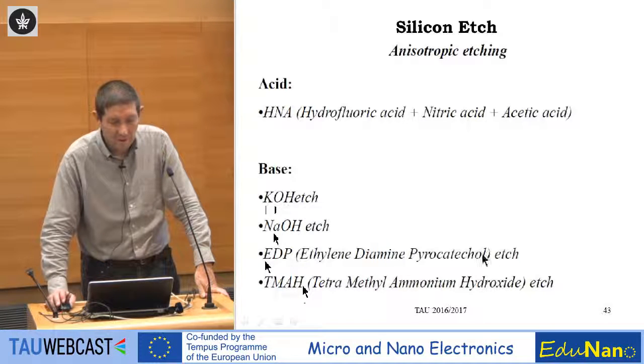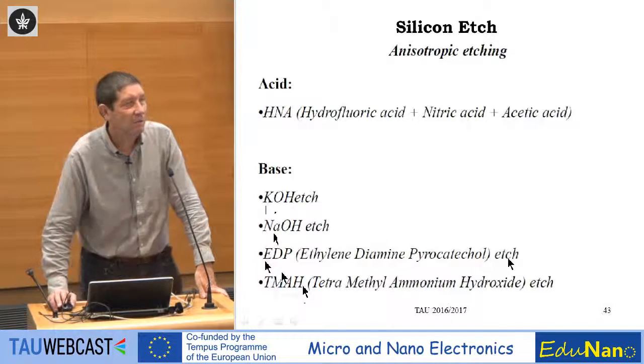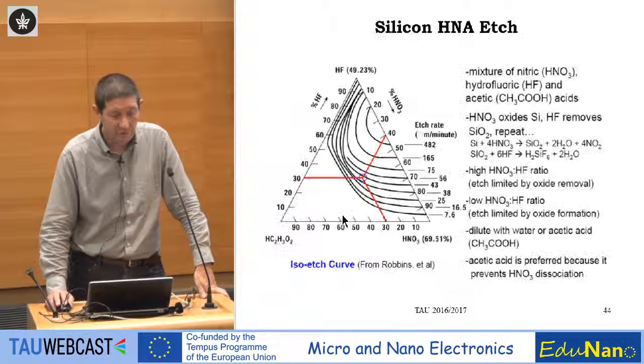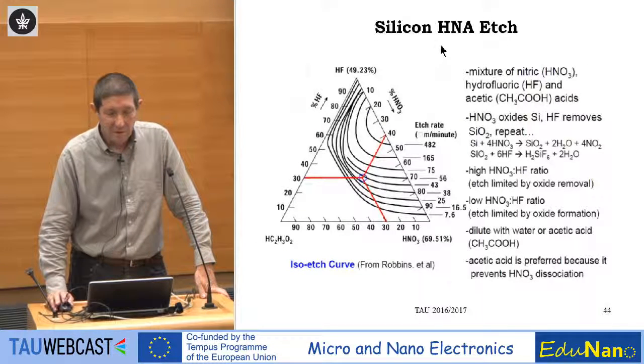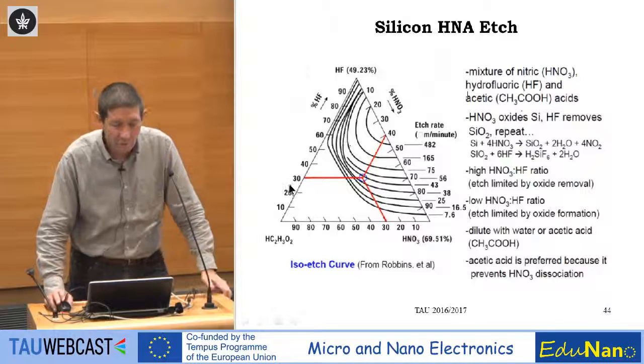EDP is ethylenediamine pyrocatechol etch. Those are bases, and bases are very good etchants, by the way, in general for most semiconductors, and specifically for silicon. Now, HNA is a mixture of nitric, hydrofluoric and acetic acids, as I showed you before.